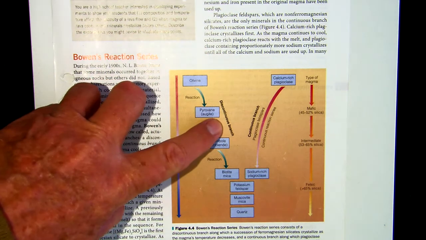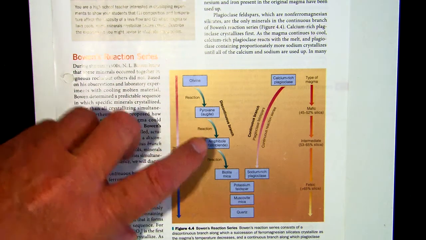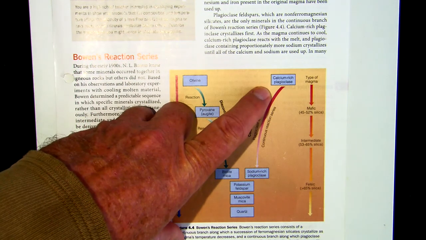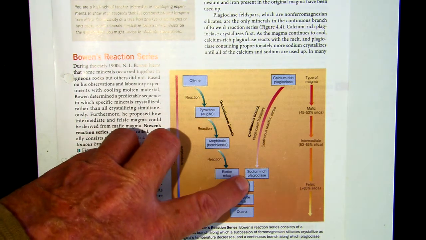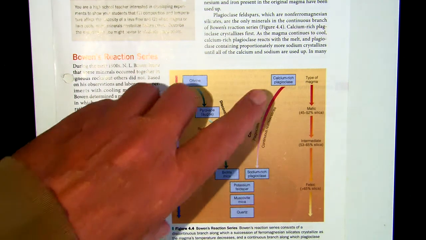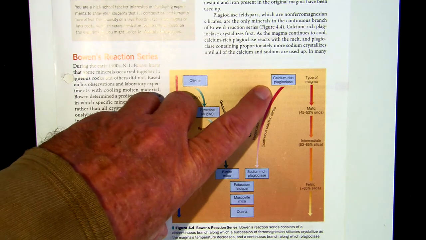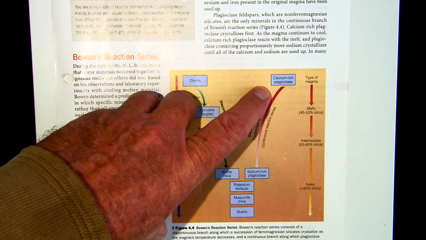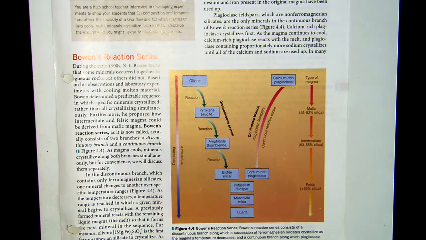We have two groups, a discontinuous branch where we get one mineral, then another, and a continuous branch where we start with our calcium-rich Plagioclase Feldspar, and it winds up a sodium-rich Plagioclase Feldspar. As the magma chamber cools, different forms of this will fall out, depriving the magma chamber of the calcium and thereby becoming enriched in sodium.